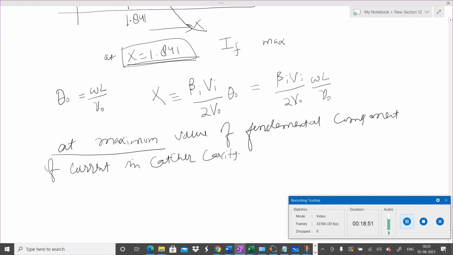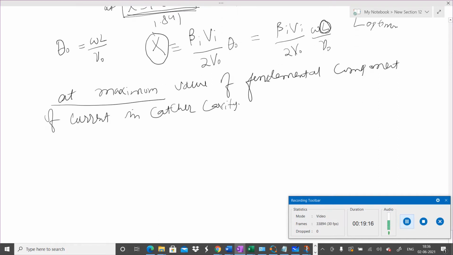You see, the component of current will be high when bunching is stronger and has a higher degree. So that is at x equal to 1.841. We call that L, at which x is 1.841 and which maximizes the fundamental component, L optimum, the optimum distance between the cavities.